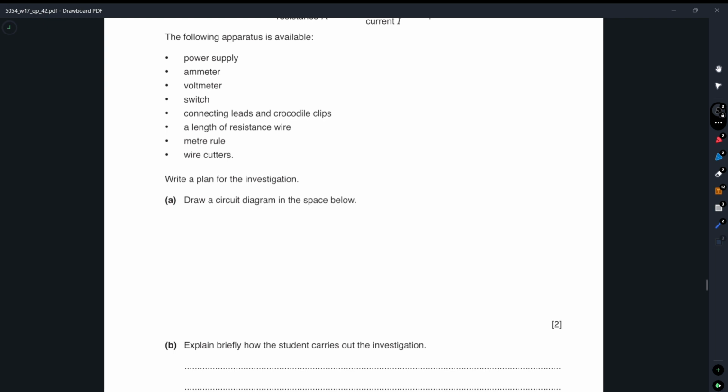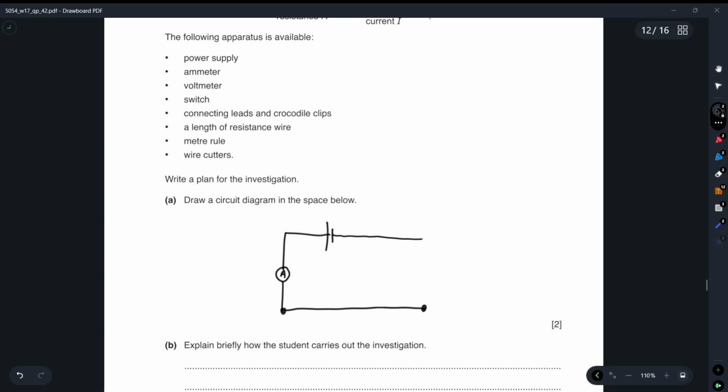So you probably are going to have a power supply connected to an ammeter, which goes all the way till this resistance wire right here. And so you're going to have a crocodile clip over here.